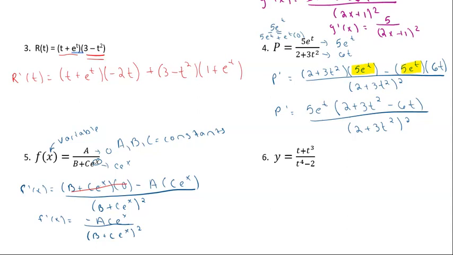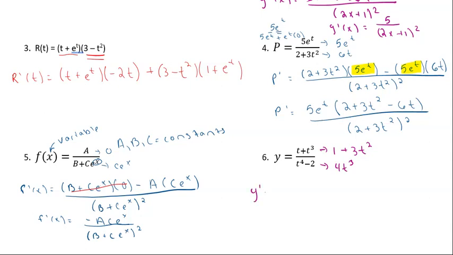So here, the derivative in our numerator is going to look like the derivative of t is 1. The derivative of t to the third is 3t to the second. And the derivative in our denominator, the derivative of t to the fourth is 4t to the third. And the derivative of minus 2 is 0. So that goes away.